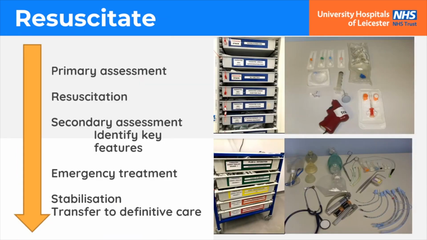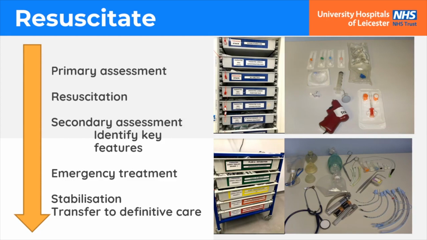The pattern and priorities of our resuscitation are pretty generic. We start with a rapid primary assessment, A to E. As we find things, we resuscitate them there and then. Then we reassess. If we keep doing this in a cyclical way, eventually we will stabilize the patient and identify key features for which we can give targeted treatments.